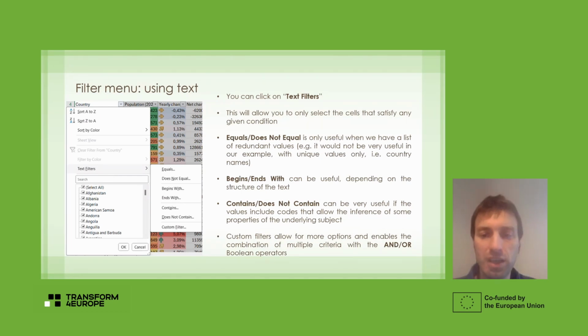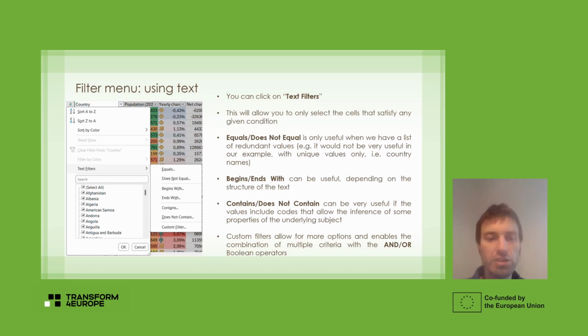The contains, doesn't contain is a very useful tool that allows you to identify the presence of a given code within a range. So regardless of the position where a given string of text is present, all the cells that satisfy that condition will be shown.